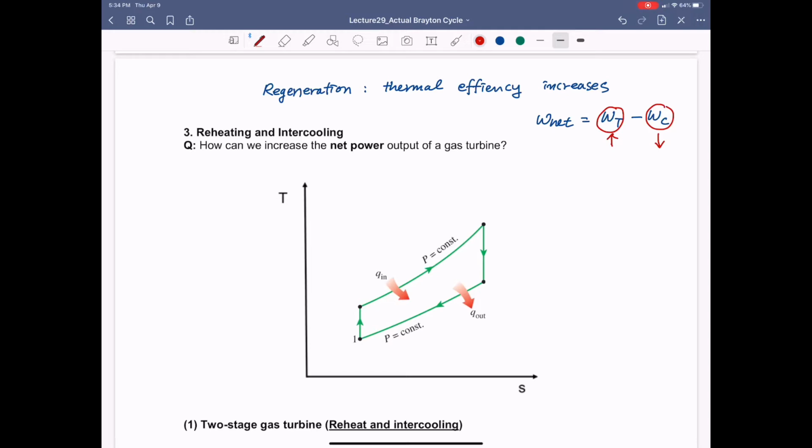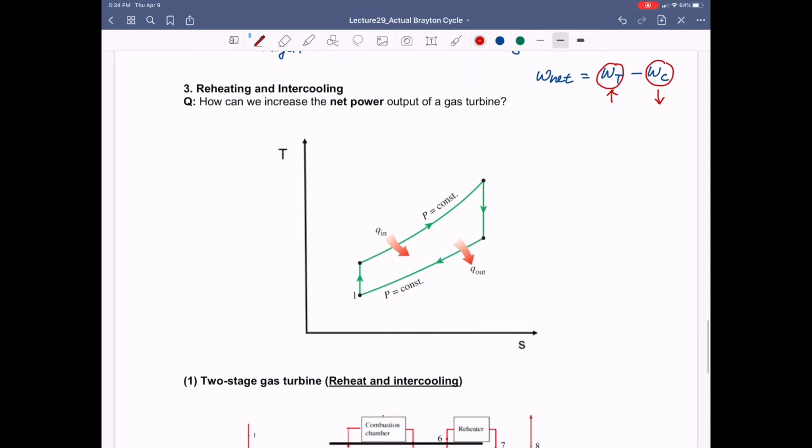So now let's go back to the simple gas turbine with one compressor and one turbine and one combustion chamber. And now we know that is drawn as that. But if you really think about the constant pressure curve, the key feature that we have to focus on now is how they are diverging between two constant pressure curves as we increase the entropy.